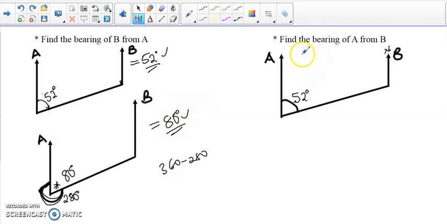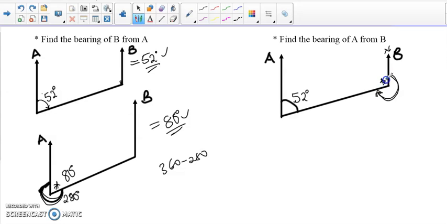Okay, this one says find the bearing of A from B. The bearing of A from B. From B means it must go from north clockwise. It must go from here to here clockwise. You see that I cannot just go the other way, it's wrong. It must go from the north at B clockwise to this point. You get that? Now, for me to find this angle, first of all, I must know what this angle is.